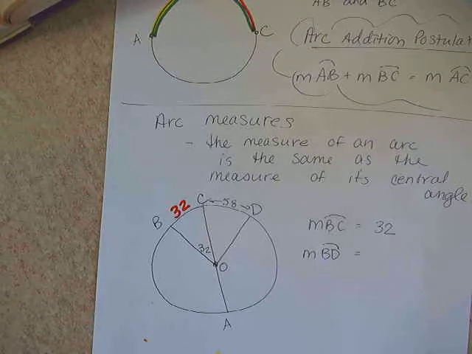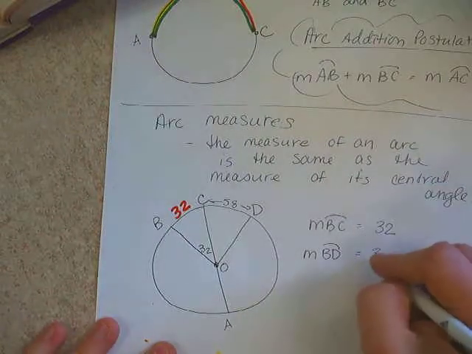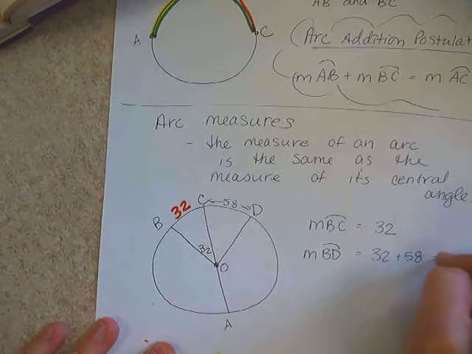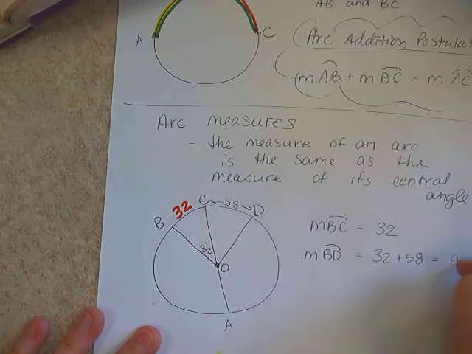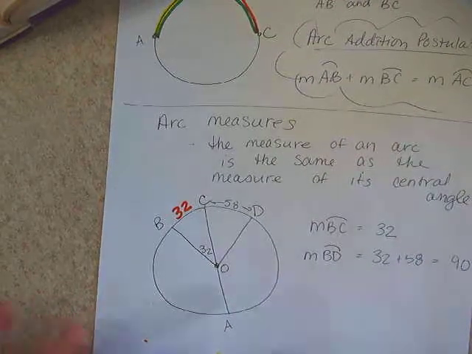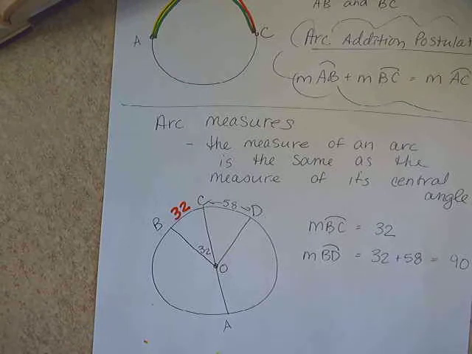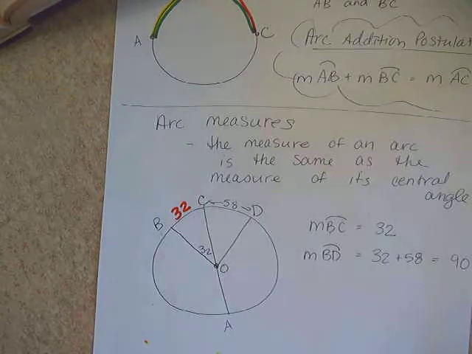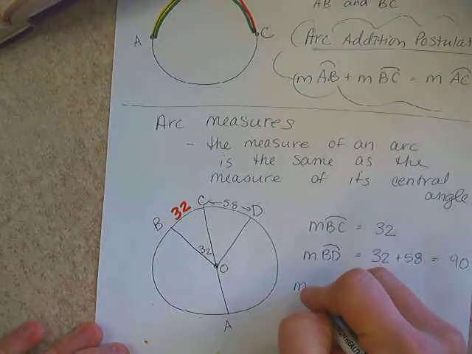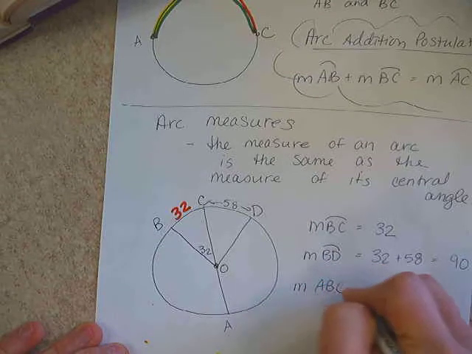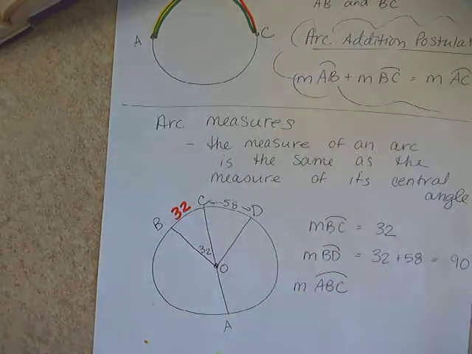Then let's look at the measure of BD. If BC is 32, then how do we find BD? Add 32 to 58, okay? So it'd be 32 plus 58 or 90. Okay, so arc BD should be 90.